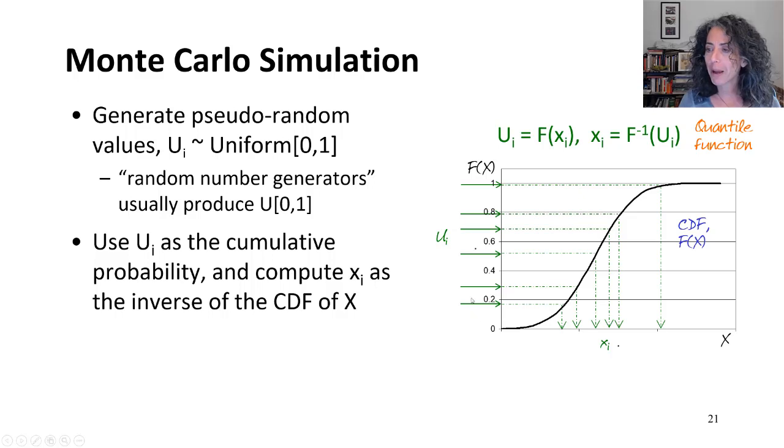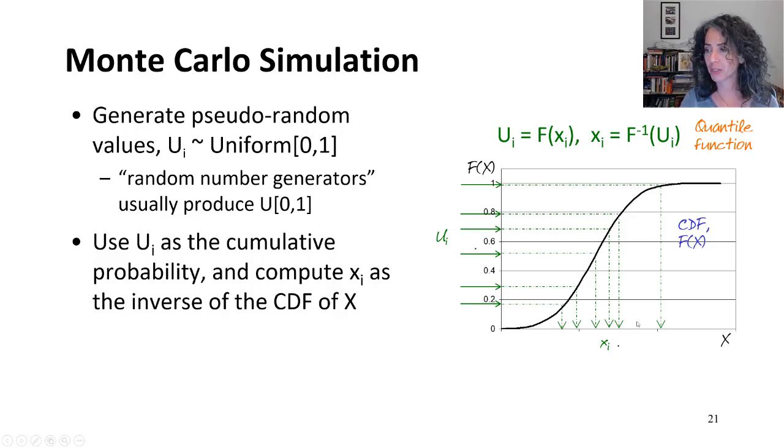Now, even though by definition the values along the vertical axis are going to be uniform, the values aren't going to be uniform along the x-axis. Right? They're going to be distributed based on the shape of the CDF. So here, where the CDF is steep, a wide range of the probability axis is going to create a narrower range of X. And down here, and up here, where the CDF is much more shallow sloped, then a narrow range of probability is going to give me a wide range of X, right?